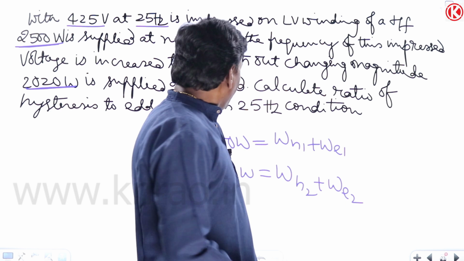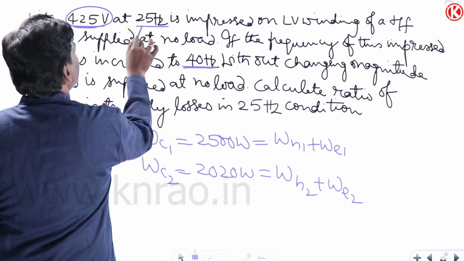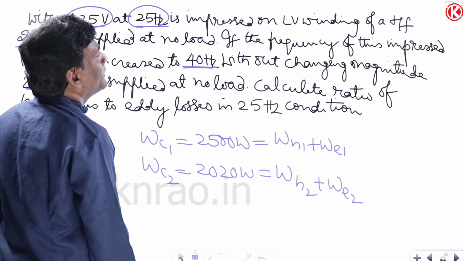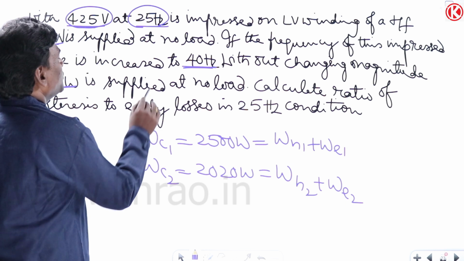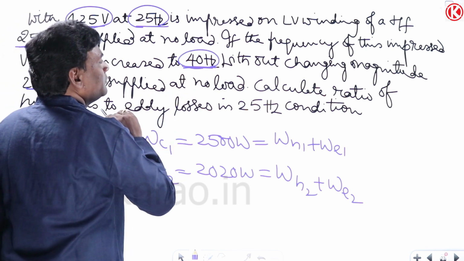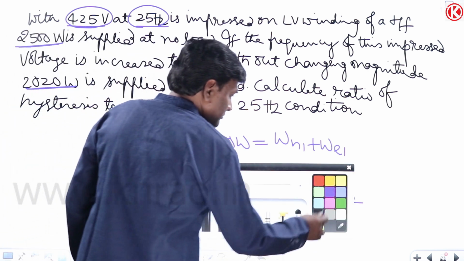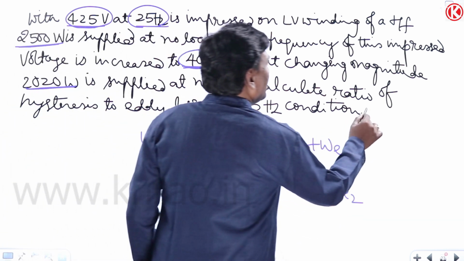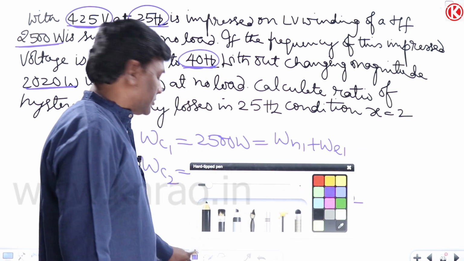Fine. Now, see here, 425 volts, 25 Hz in the first case, and if the frequency of this impressed voltage is increased to 40 without changing magnitude of voltage. And here I forgot to write, let us consider x equal to 2. It should be given in the question.